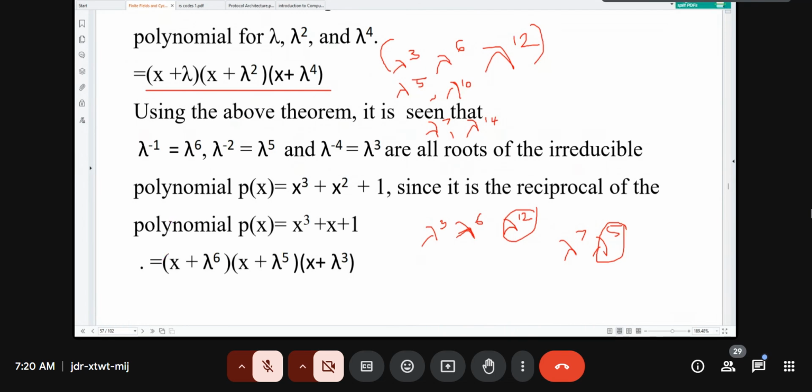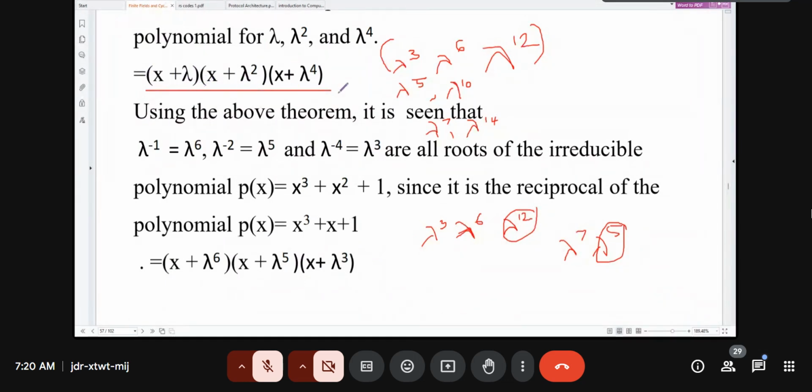You notice that some of it will be a bit difficult to just recognize at once, especially where you are not given, because in some cases you could be given the minimal polynomials, but some cases you're expected to work out the minimal polynomials. So it's good to understand how you work out the minimal polynomials. So the minimal polynomials will simply be that. These are the 2 minimal polynomials.